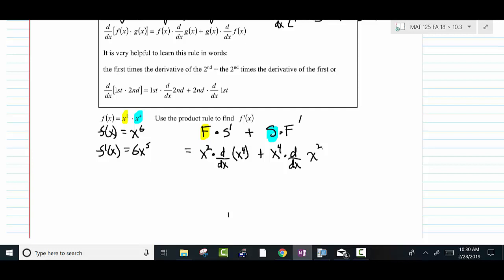Does it work? Has anybody finished it yet? No? There's the calculus step, and then there's the algebra step on that. And if you do it right, you should get 6x to the 5th.